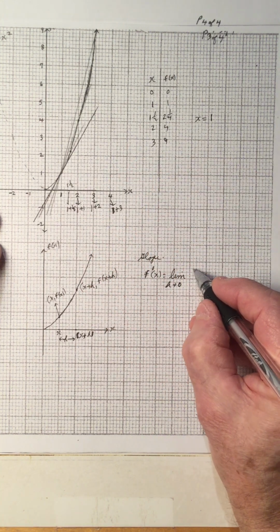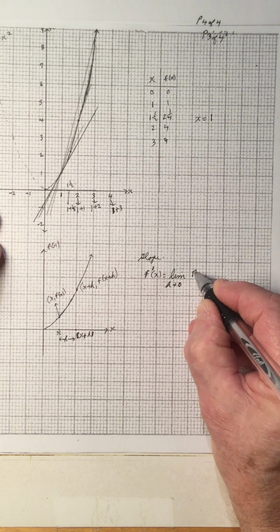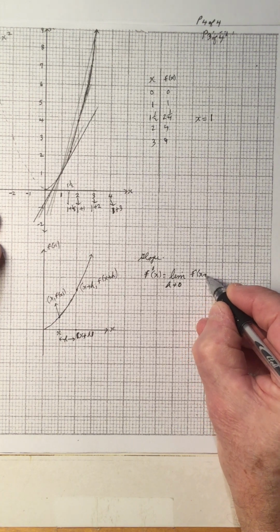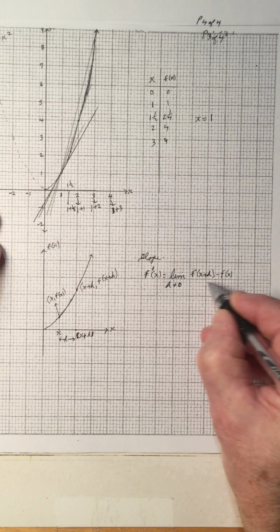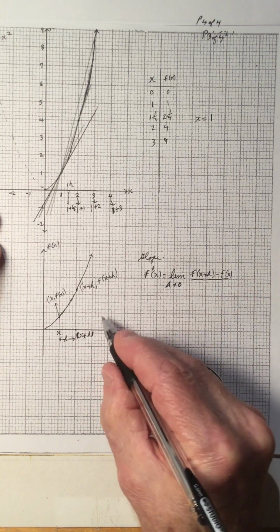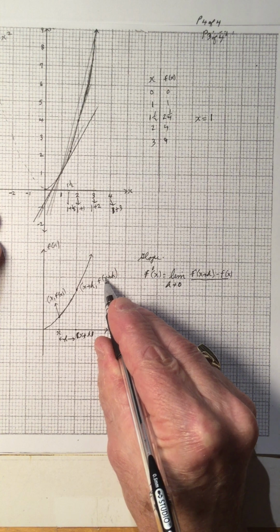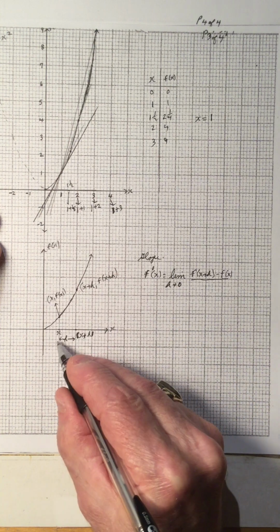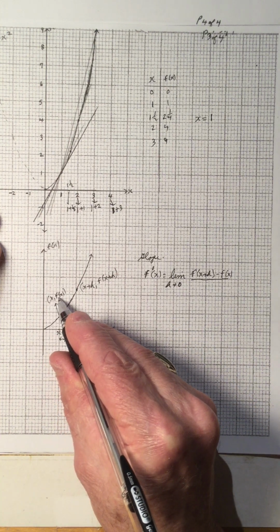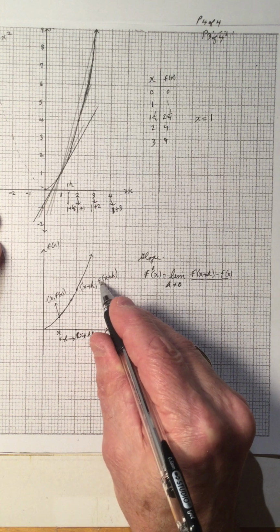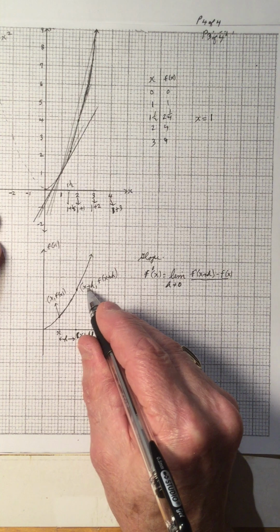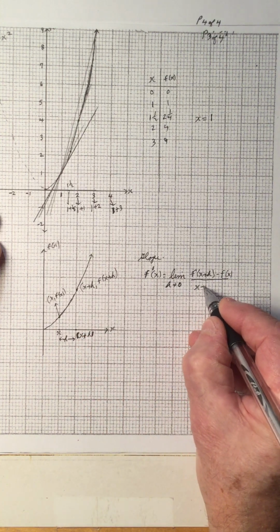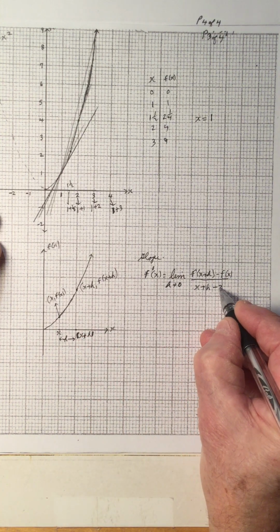So that means we have the f of x plus h minus the f of x, all over. So this point right here is x1, y1. This point is x2, y2. So it's the f of x plus h minus the f of x, over x plus h minus x.